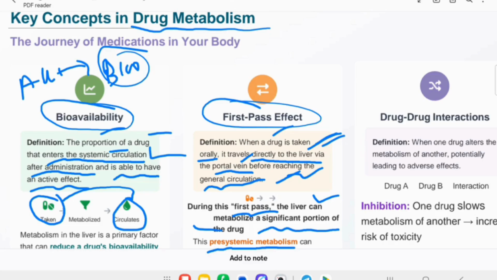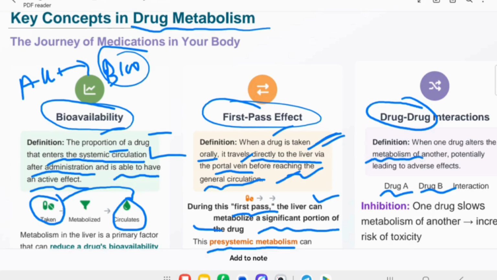Then the third concept, drug-drug interactions. When more than one drug is administered, these drugs may interfere with the metabolism of another drug.